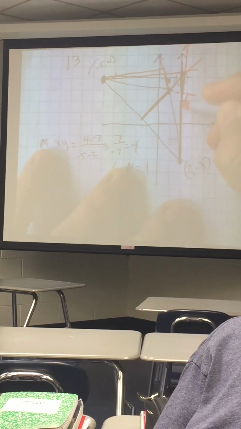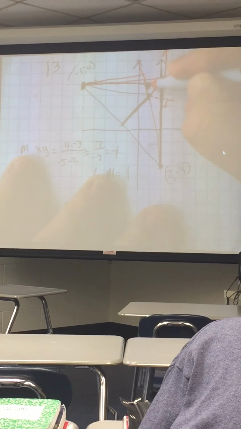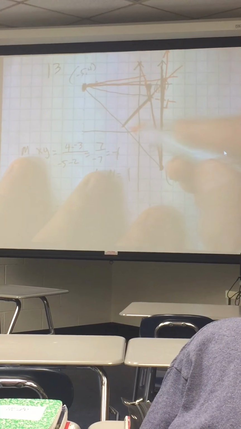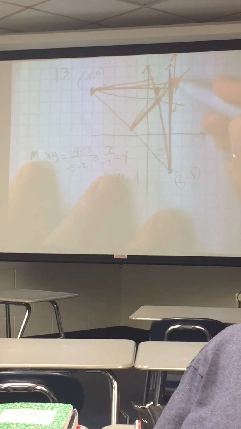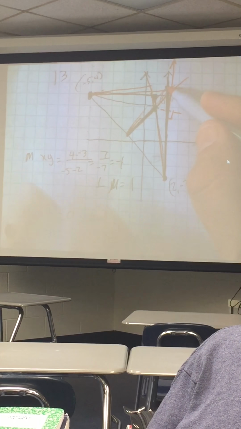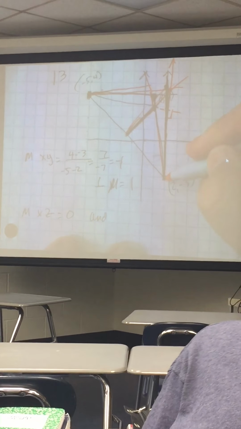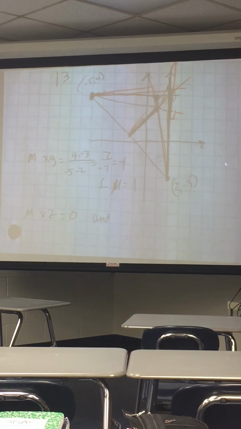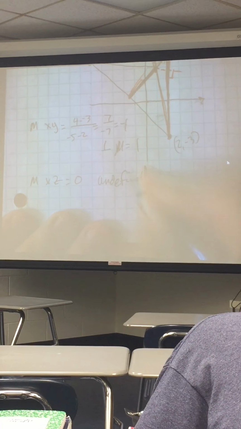Is that better? All right, so the point's going to be out here somewhere. So we know that we have a vertical line. This is undefined because it's a vertical line.